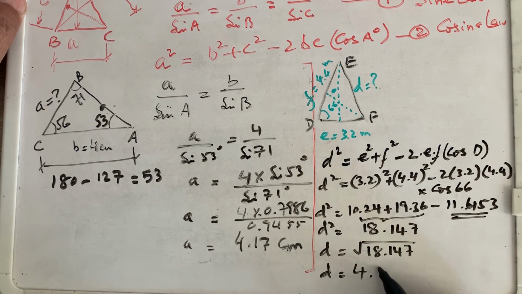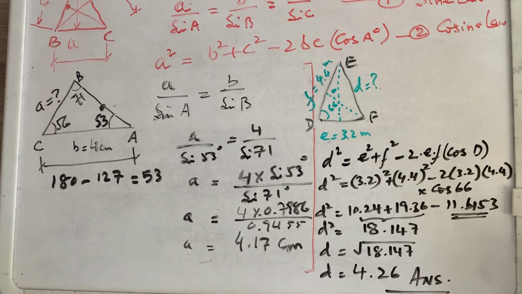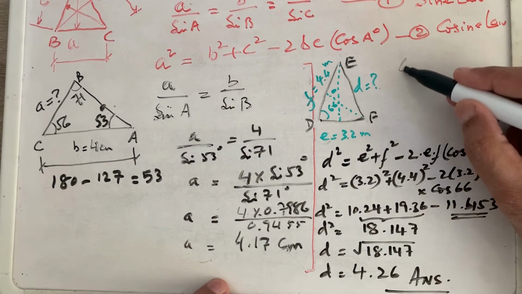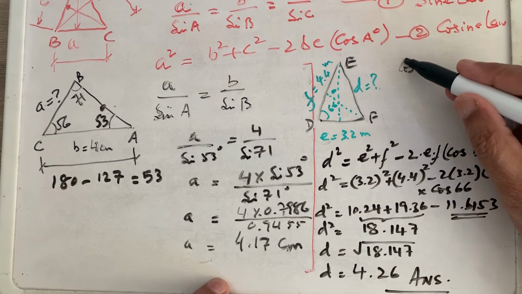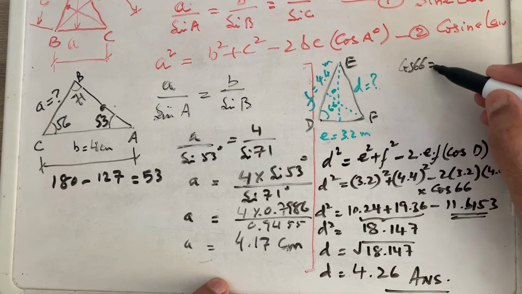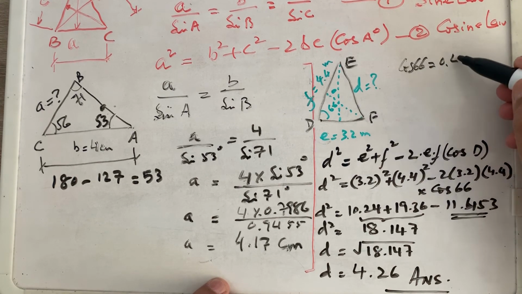So d is equal to 4.26. Yeah, right. These answer values may be a little bit different because the question does not say up to what value of sine and cosine you take, like rounded off to 2 decimal places or 3 decimal places. So I used here 11.453, using the cosine value of cos 66 as 0.406.